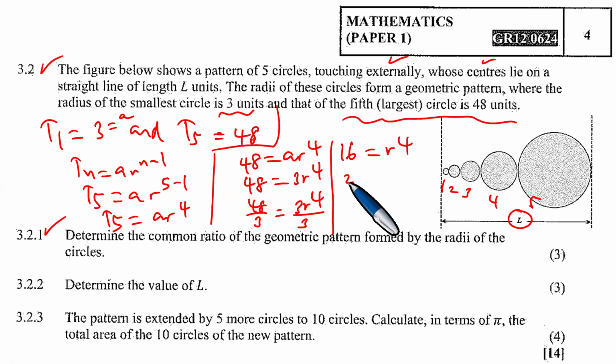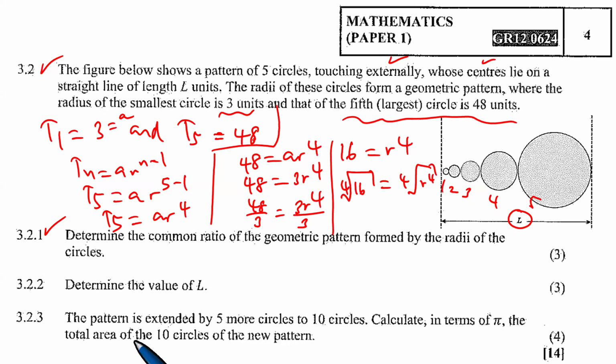At this point, we are able to get R. But you must determine the R very carefully and think about what R is going to be. If 16 is R to the fourth power, you can take the fourth root. The fourth root of 16 equals the fourth root of R to the fourth power.